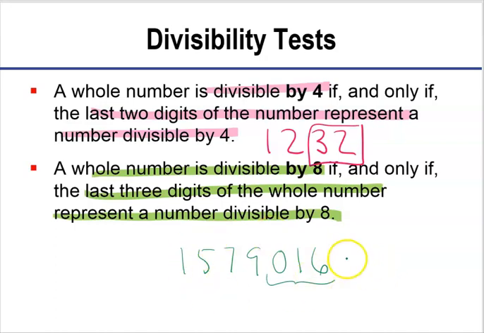Therefore, this big large number, which is 1,579,016, is divisible by 8. Great, isn't it? And again, I think the value of having this is when you don't have a calculator. Because if you do, you could put divided by 8 and see if there's a decimal, and then you know that it's not divisible by that number. So let's do these without a calculator.